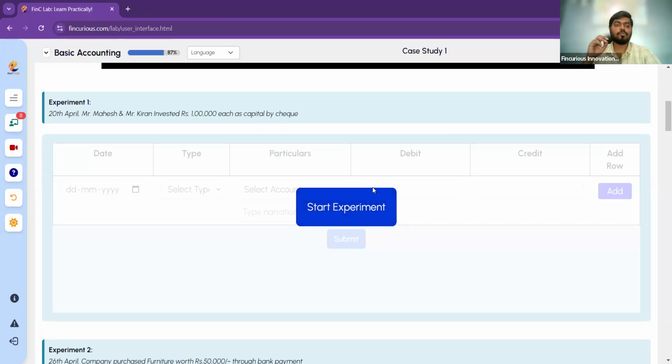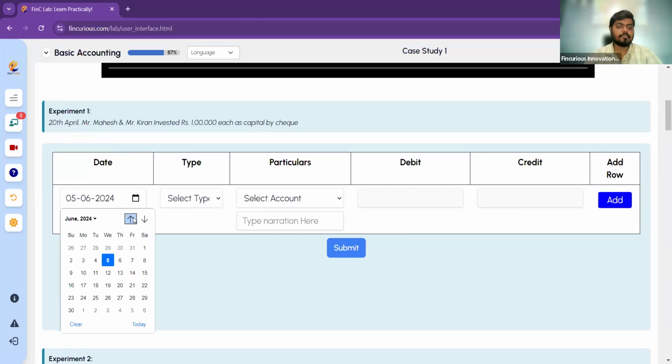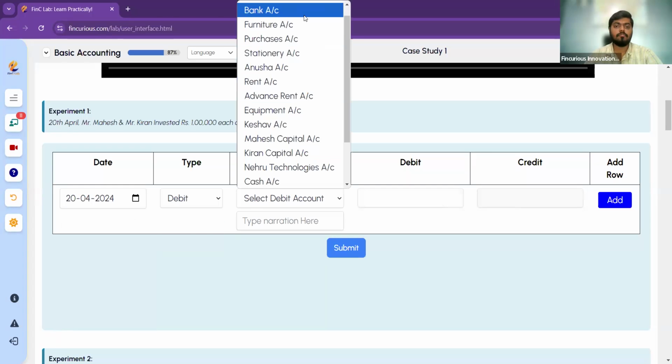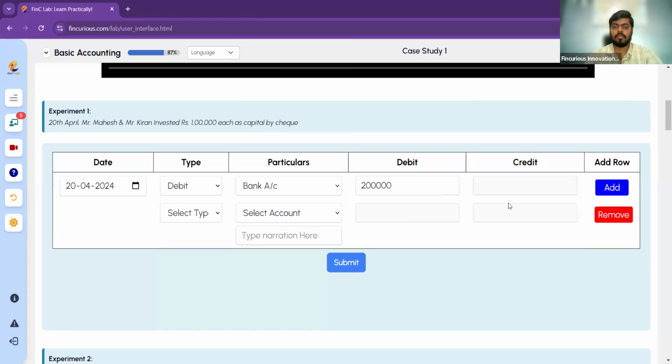Now we understand what a journal entry is, but how do we do that in the experiment? Let us start it. What is the date? 20th April is the date. Select the date. 20th April, I am selecting. Select type, debit. First we will debit. What to debit? As I told you, the bank account would be debited with 2 lakhs. Again add row, and you need to add two rows, right? Because two accounts should be credited.